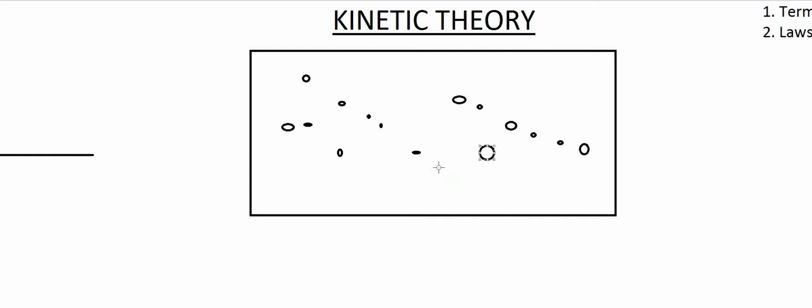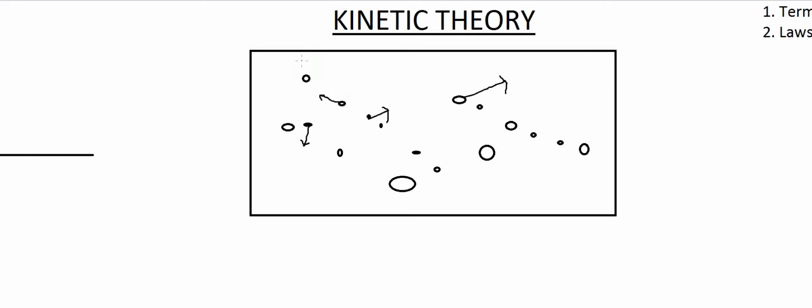You get the rough idea. Basically these particles are all moving around in random directions, like random Brownian motion. This could be moving here, this could be moving here.